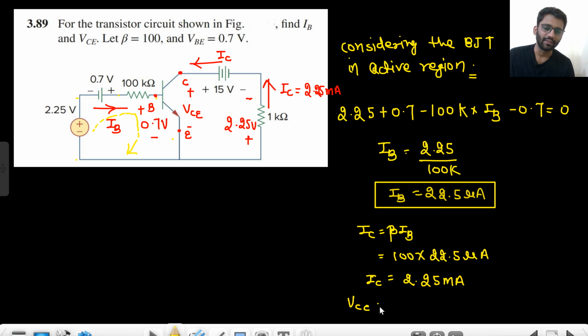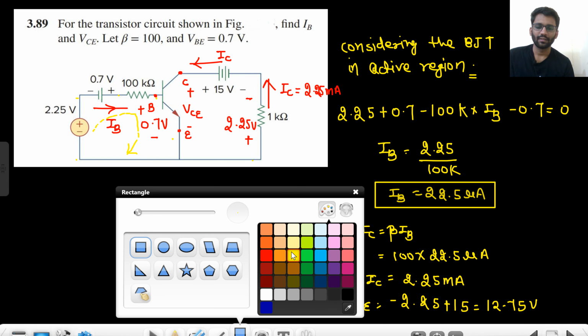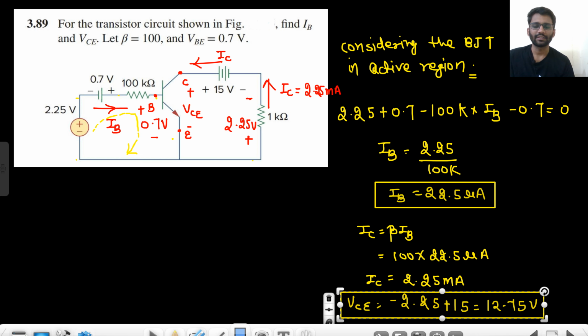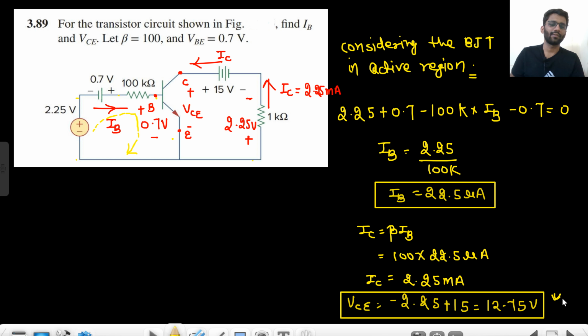From here you will start, minus 2.25 plus 15. So that value came out to be 12.75 volt. This is the value of VCE, 12.75 volt. And IB is 22.5 microampere.